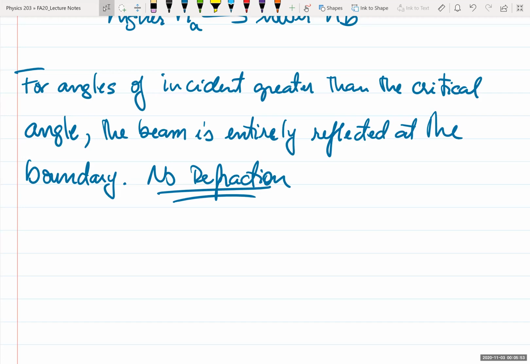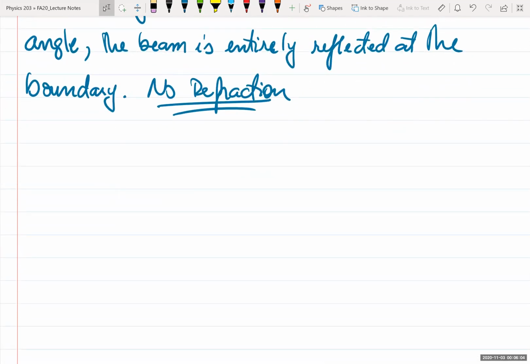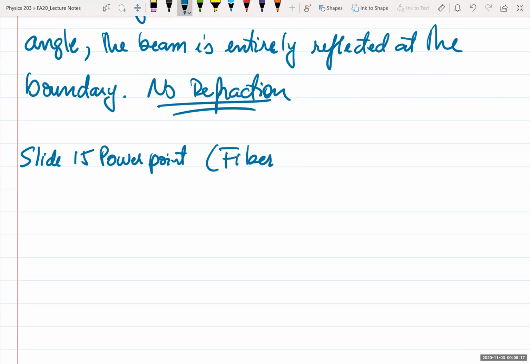Let me see what else we need here. This is about where we're going to stop. One last thing, in the PowerPoint, in slide 15, we talk a little bit about fiber optics. It's just one slide. Fiber optics makes use of this internal reflection.